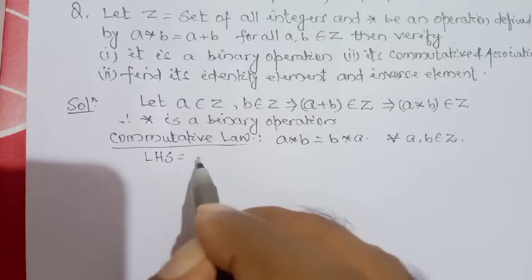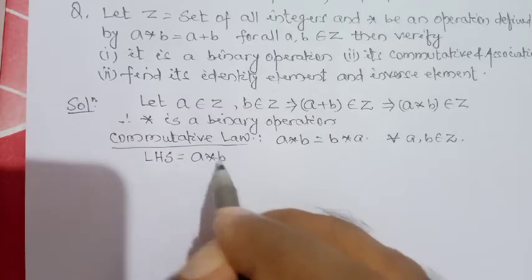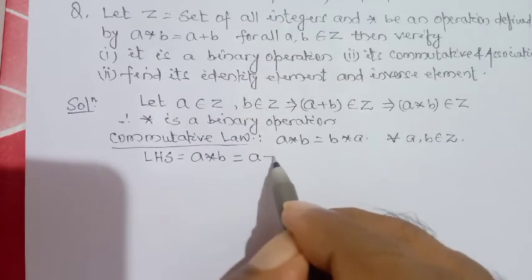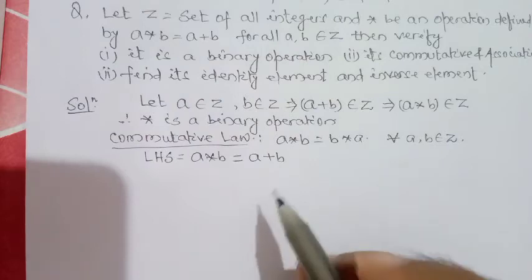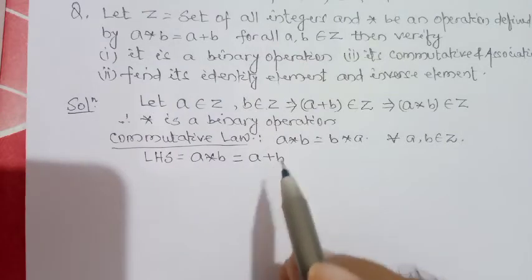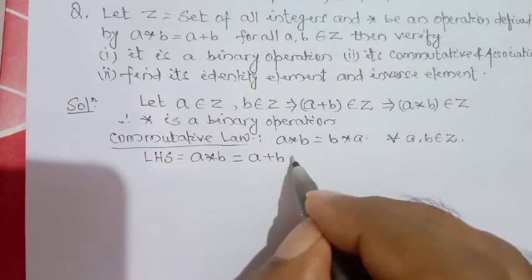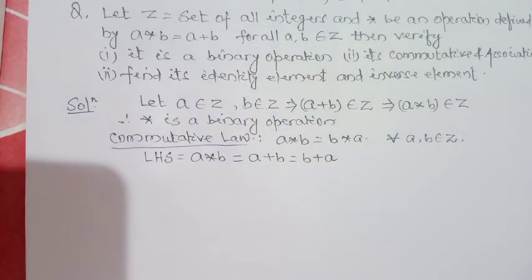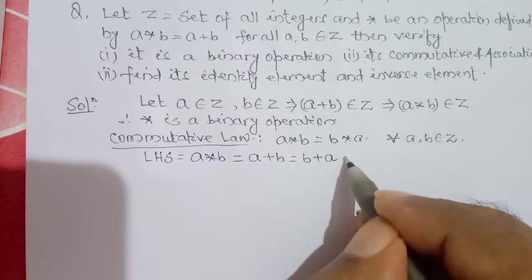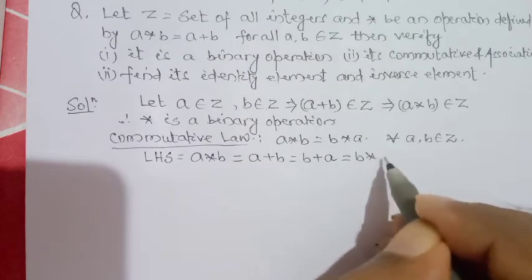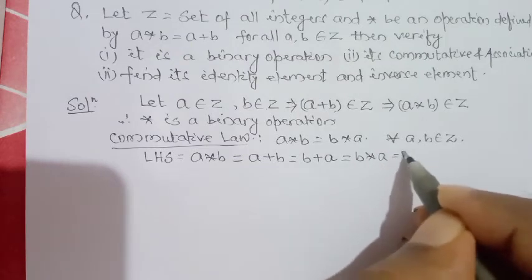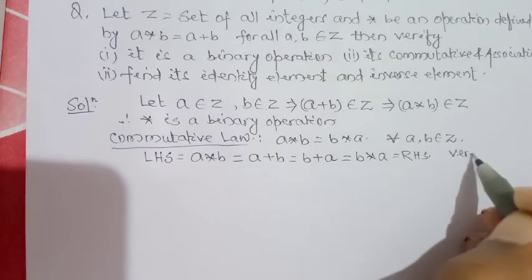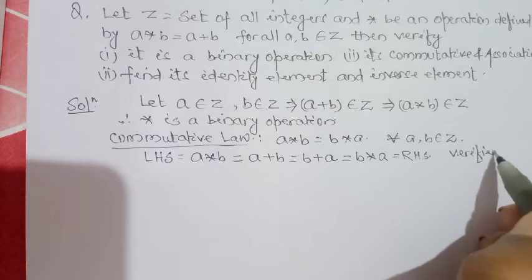Our LHS is a star b. a star b means a plus b, which is given. Addition is commutative, so a plus b equals b plus a, and also b plus a is b star a, which is RHS. So commutative law is well verified.